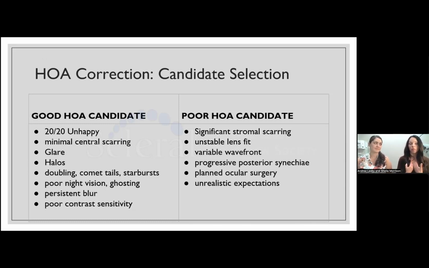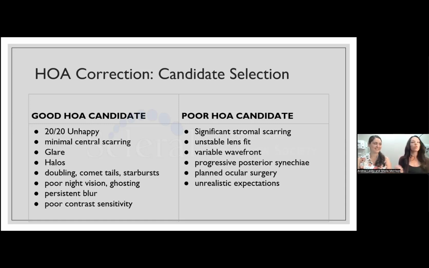We're doing it more and more, but at the same time, it is really a small population of patients, because in reality, we get patients all the time that come seeking HOA lenses from us because they're convinced that they're suffering from them. A patient that has keratoconus that has a spherical optic in their contact lens, or just wears glasses, has ghosting, and definitely suffers from higher order aberrations.